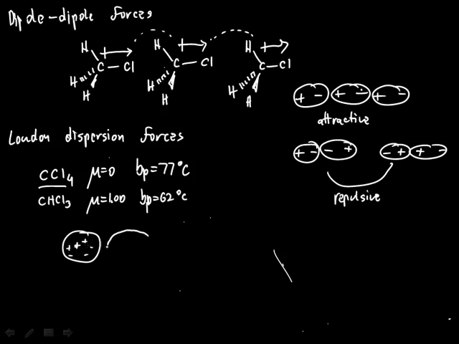Once the next molecule approaches, the influence of the first molecule causes a distribution of positive and negative charges in the second molecule as well. And it causes a redistribution which will correspond to an overall attraction. In other words, one molecule has a slight variation in negative charge, and the other molecule, once it sees the negative charge of this first molecule, will orient its positive charge towards it, resulting in an attraction.